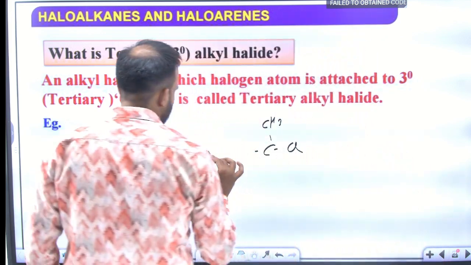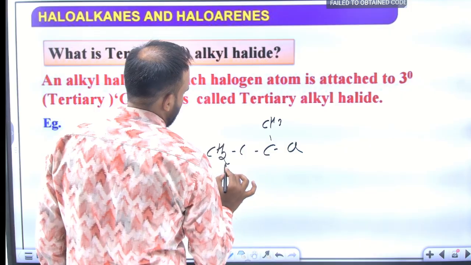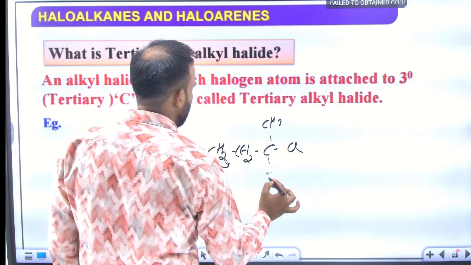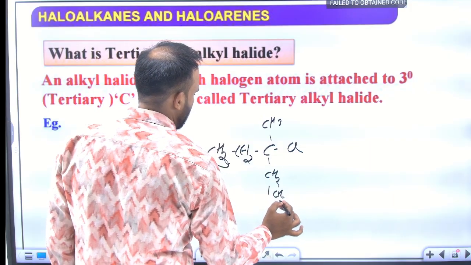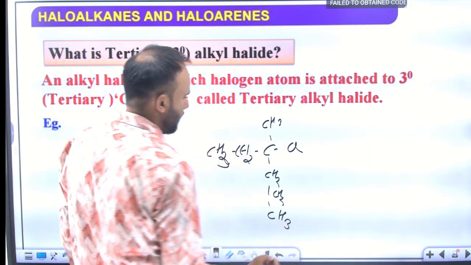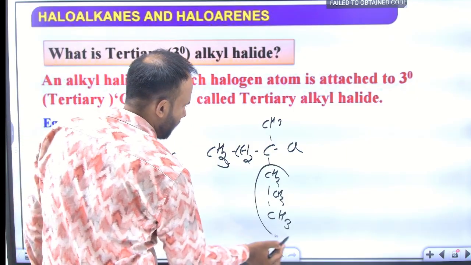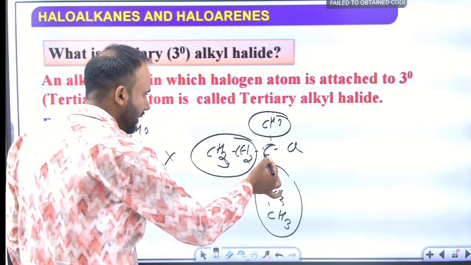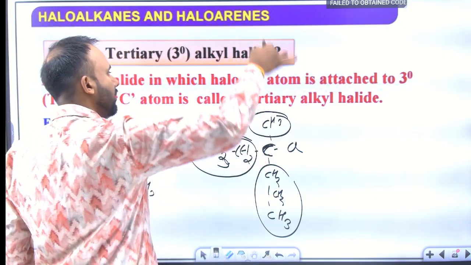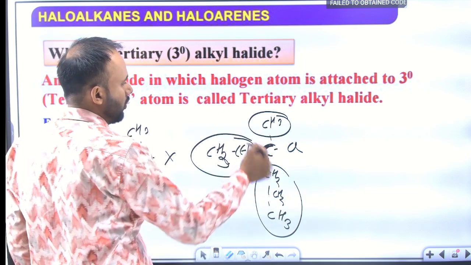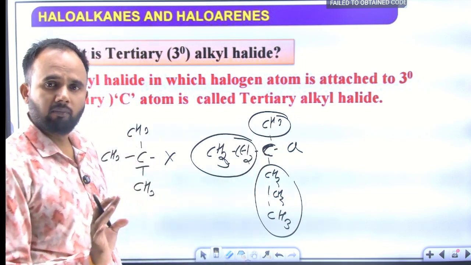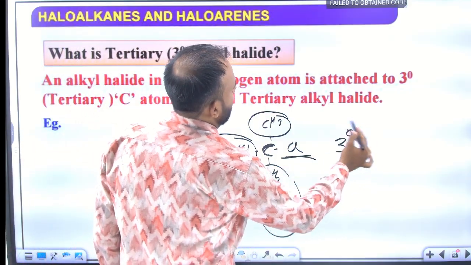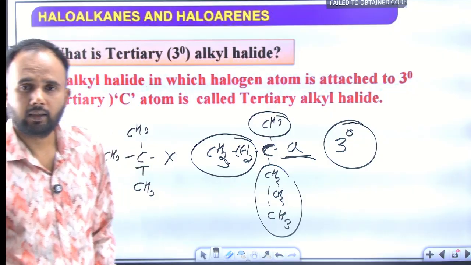You can mention CH3, CH2 also, or CH2, CH2, CH3. Each of these counts as one. The main condition is that at least a carbon atom is present on all three sides, so it satisfies the requirement. So it is the tertiary alkyl halide. Clear?